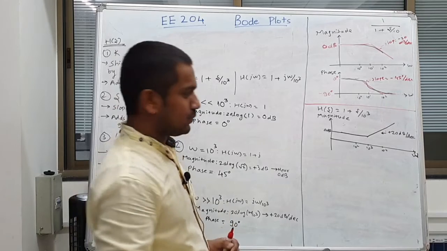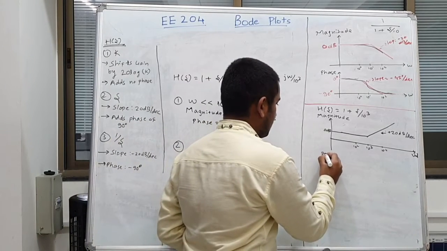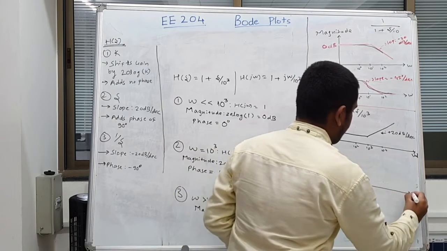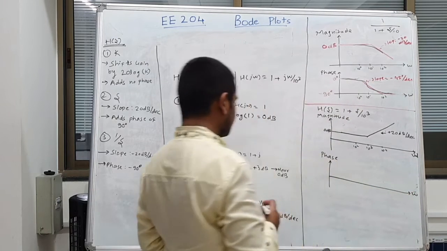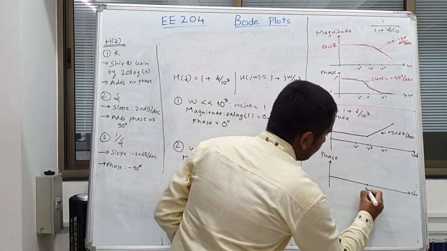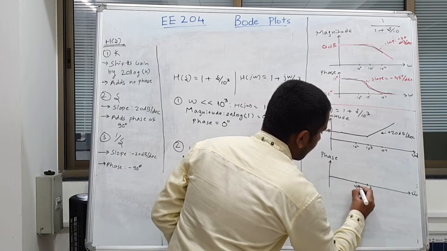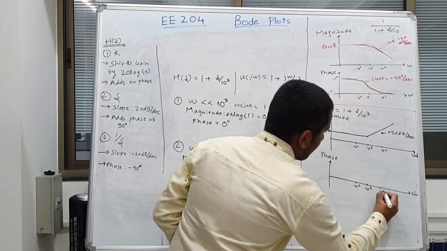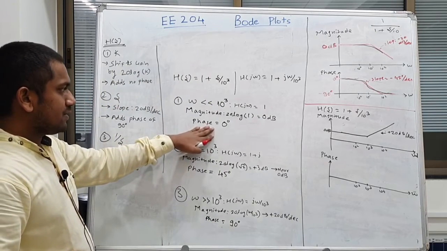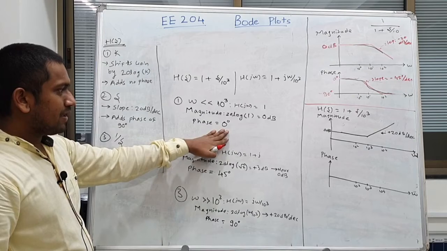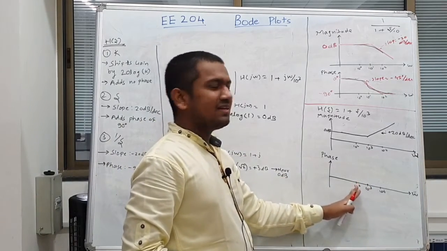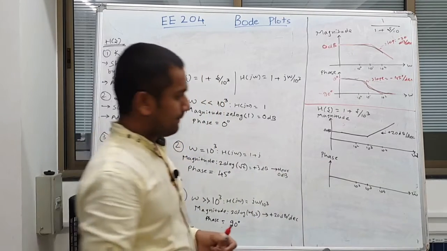Now let's look at a phase plot. We will write a frequency which is near the corner frequency. At low frequencies it stays at 0 degree, and at a frequency which is 10 times smaller it still stays at 0 degree.